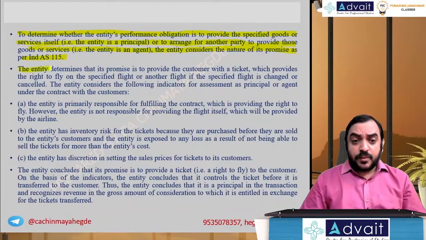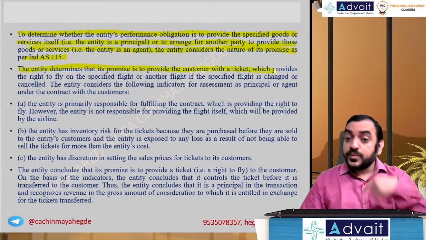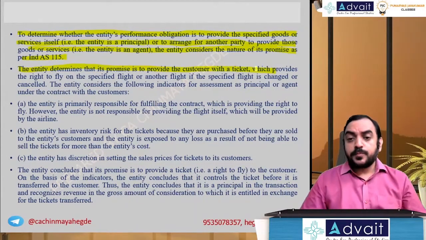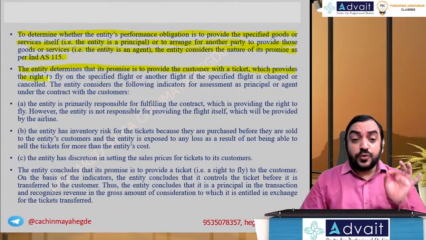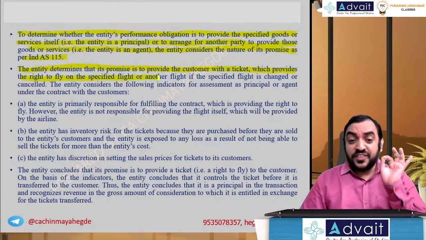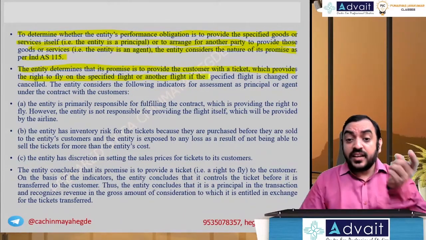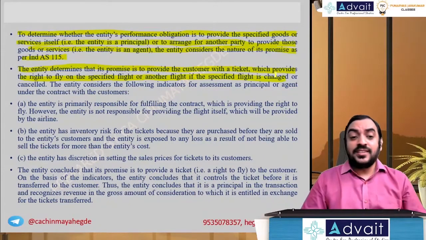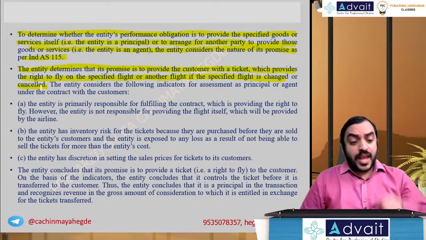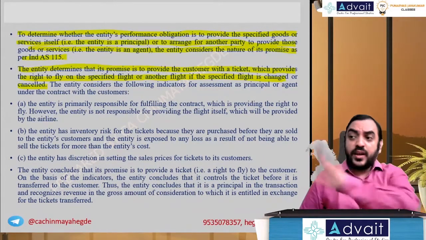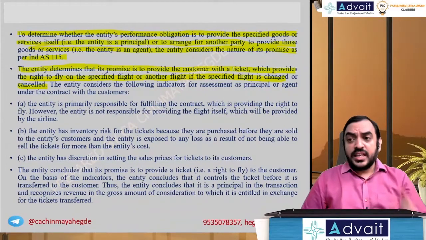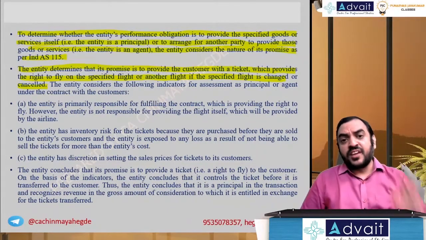The entity determines that it promises to provide the customer with a ticket. You're selling a ticket which provides the right to fly on a specified flight, or another flight if the specified flight is changed or cancelled. I'm giving the ticket. You go and travel. If that is cancelled, I will give you a different ticket.